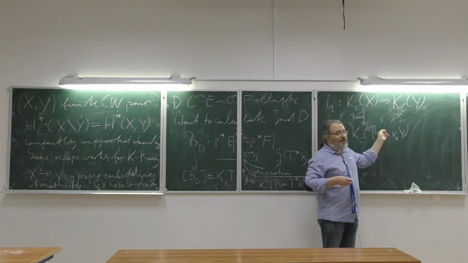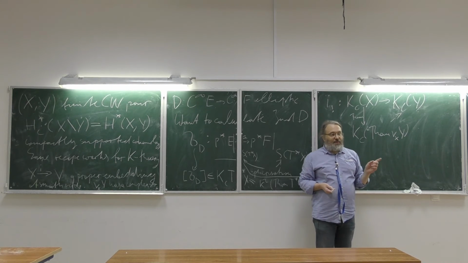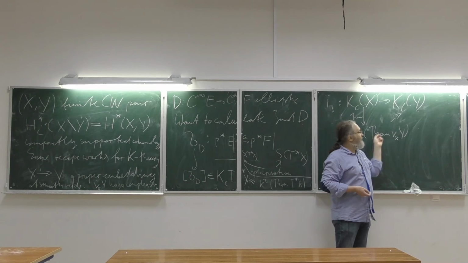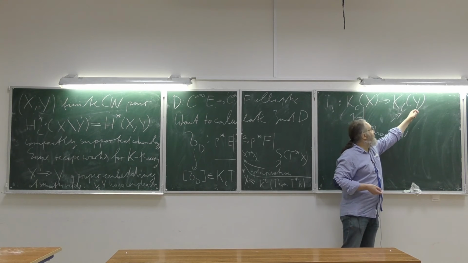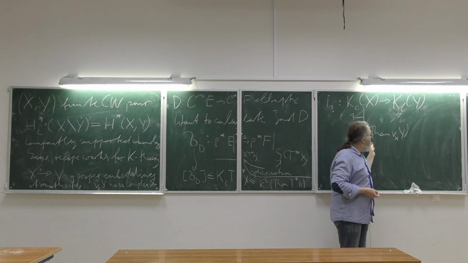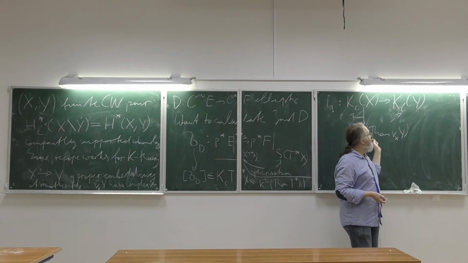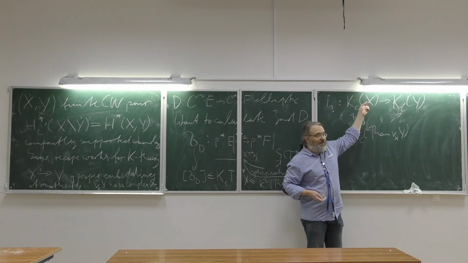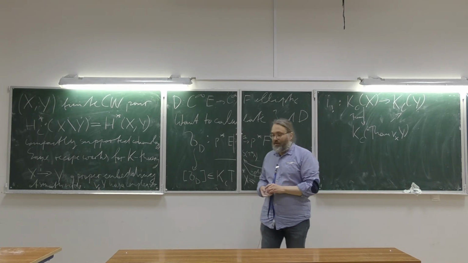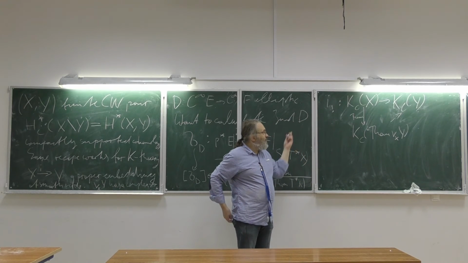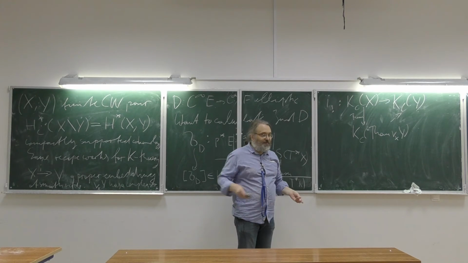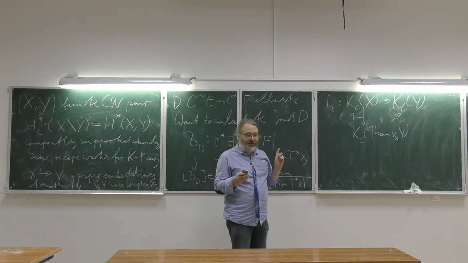What will I get? I will get the Thom space. So on the level of spaces, I have a map from here to the Thom space, and on the level of K-theory, I have a map in the opposite direction. I take the composite, and this is the map I lower shriek. Where is it all going? We want to state the Index Theorem. And we have 20 more minutes to do this.